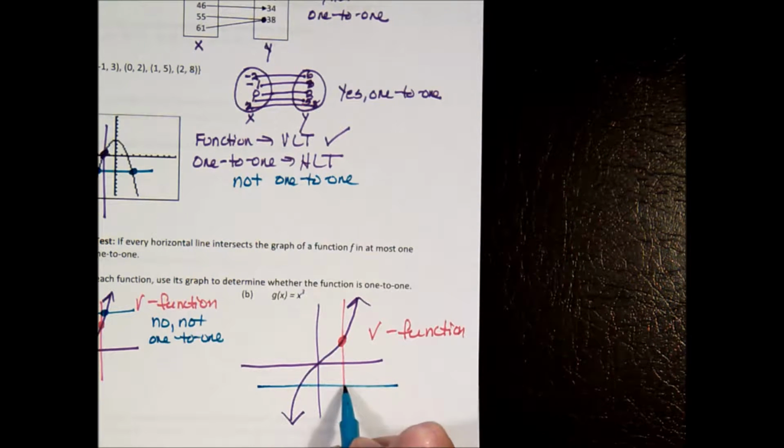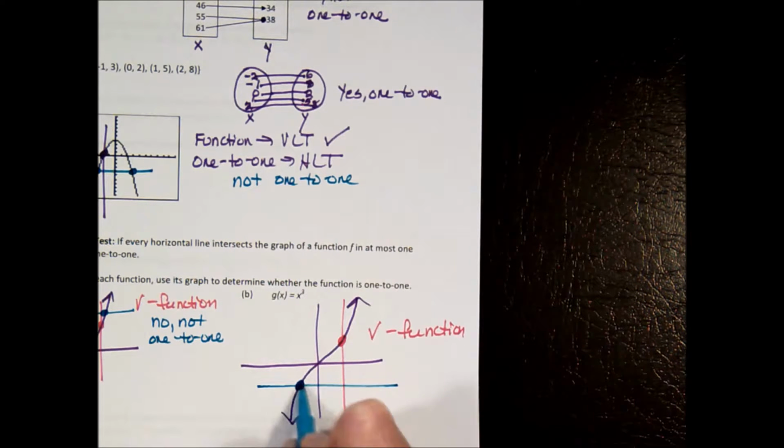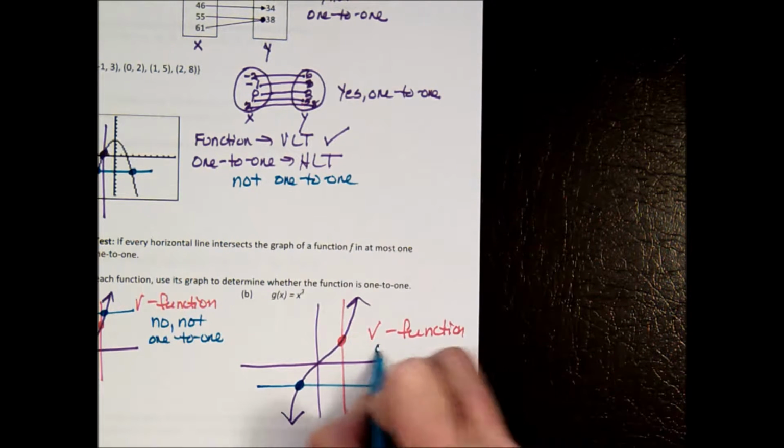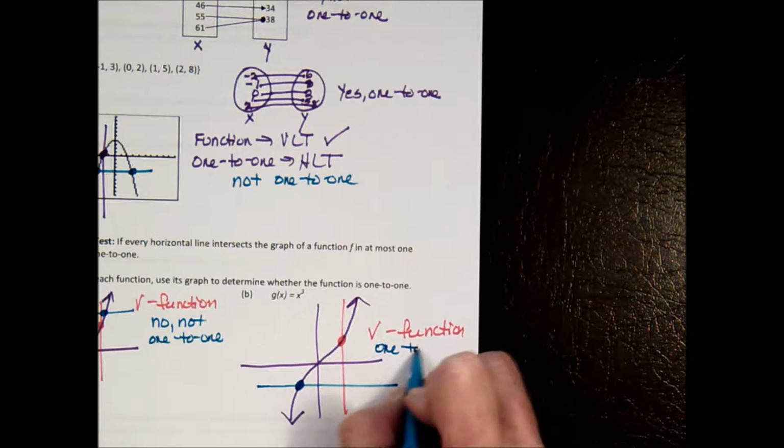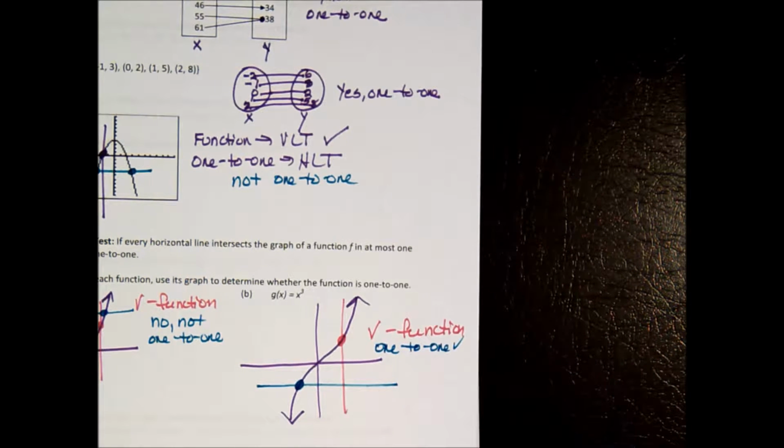Now don't count where it crosses this vertical line, just count where it crosses the graph. It only crossed in one place. So yes, it is one-to-one. So this one is both. So you can use those vertical and horizontal line tests for testing when you are given a graph.